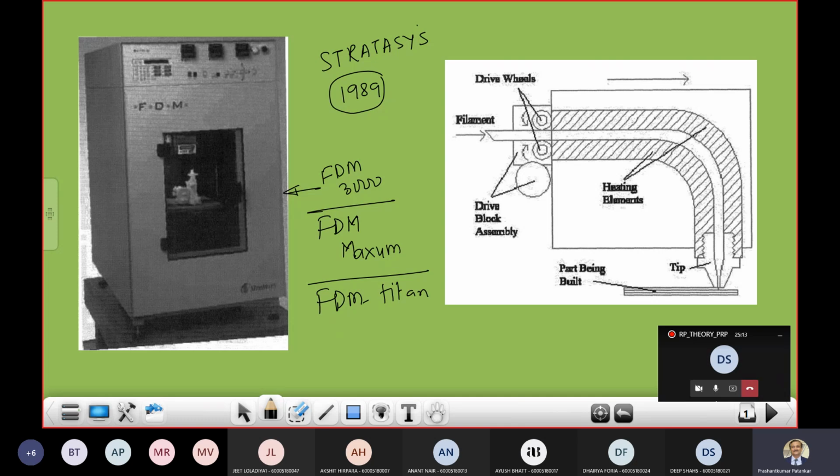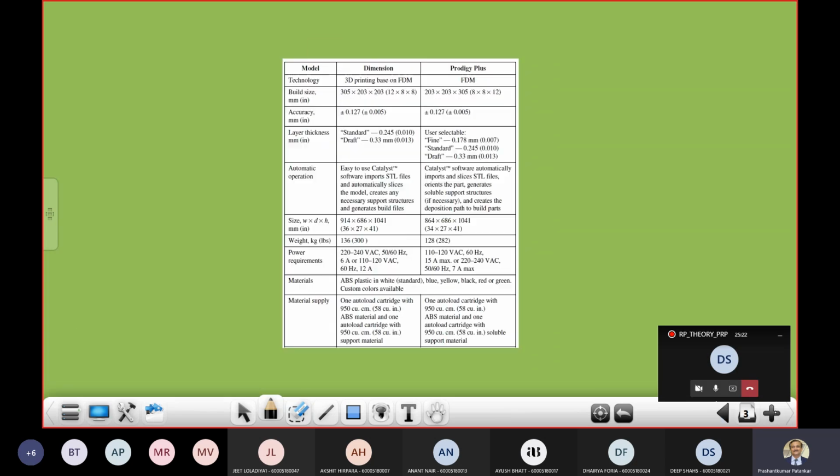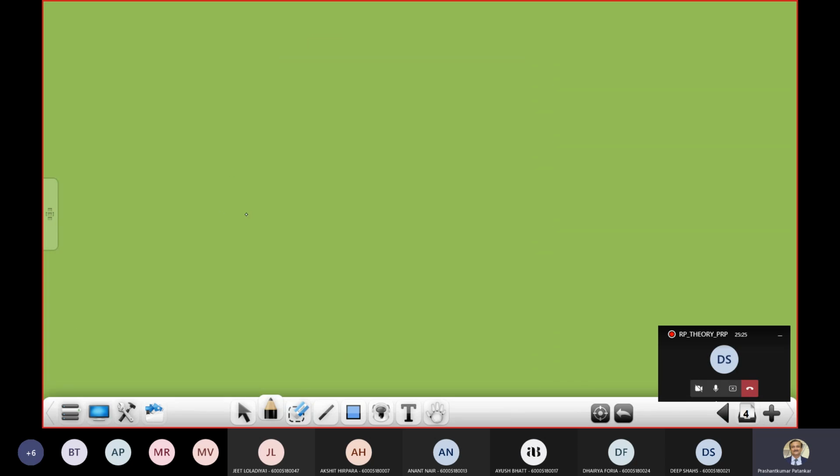So basically, these models are capable of building parts of certain sizes. If you remember, last time also I gave you the maximum dimensions of the parts which can be built. In the early days, the FDM 1500 or FDM 2000 type of machine was capable of building a 10 by 10 by 10 inch part.